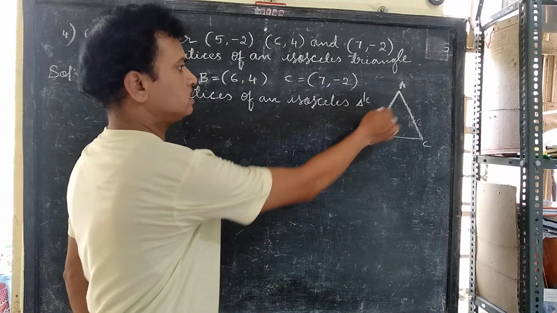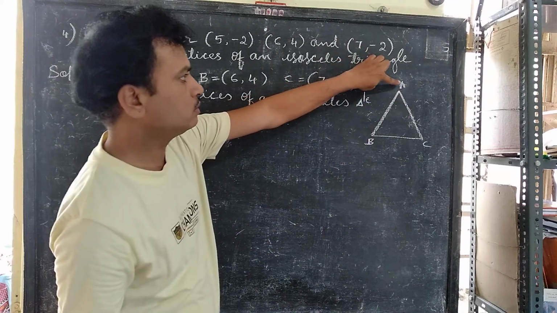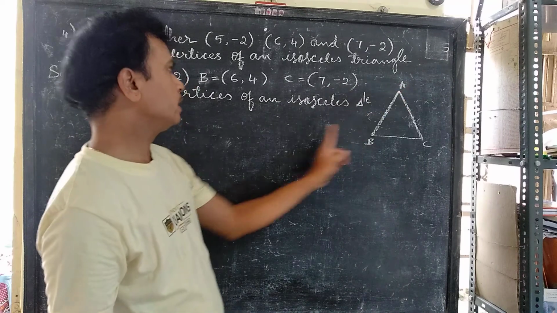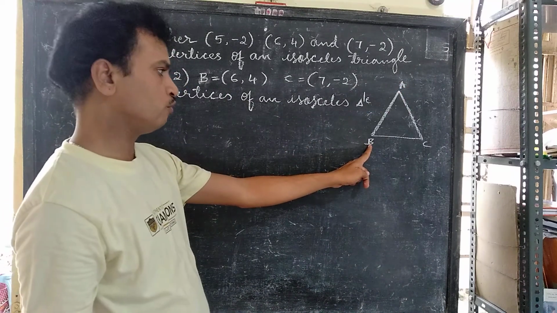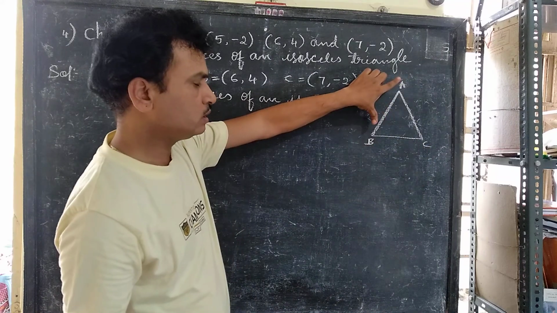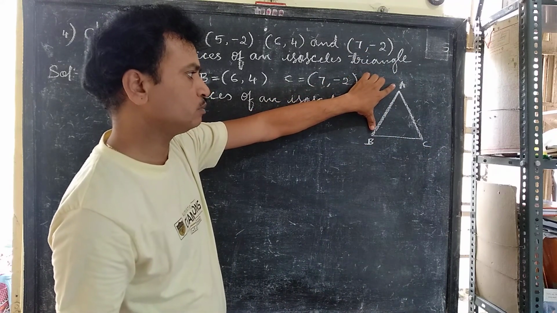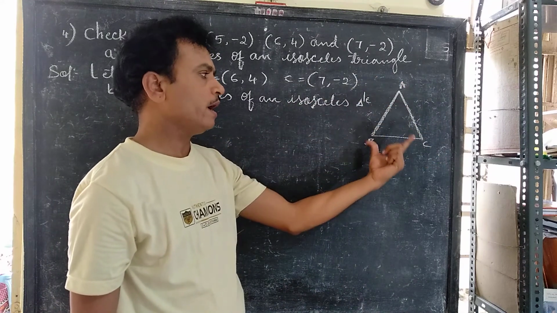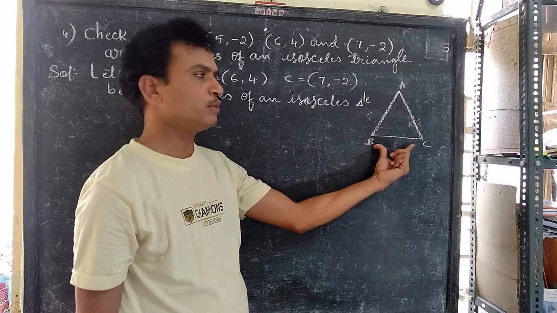That means here first we note the A point is (5, -2), B point is (6, 4) and C point is (7, -2). We should find the distance between AB, the distance between AC, and the distance between BC.